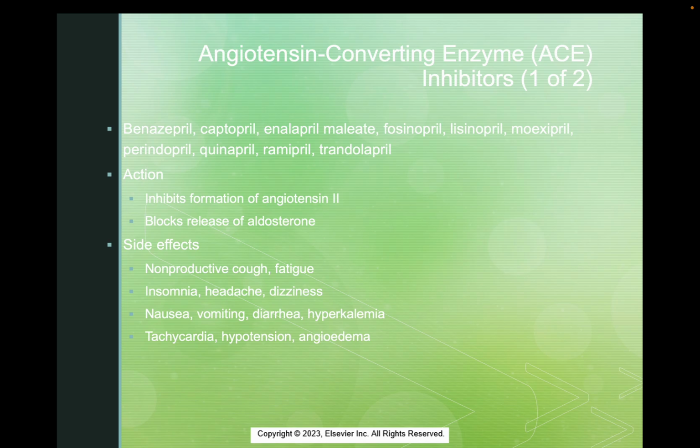So angiotensin converting enzymes, so these are your ACE inhibitors. So when we talk about that RAAS system, they are inhibiting the formation of angiotensin II and blocking the release of aldosterone. Angiotensin II is a vasoconstrictor, so if we're blocking that action, then our vessels are not able to constrict, which would result in vasodilation, which lowers our blood pressure.